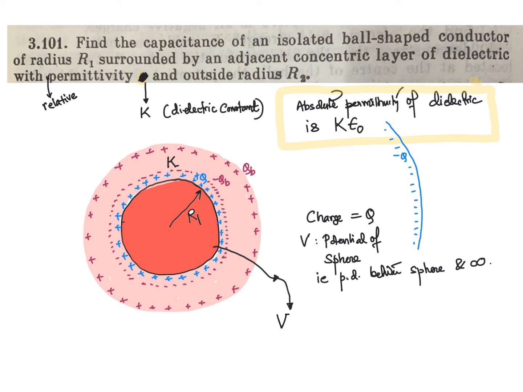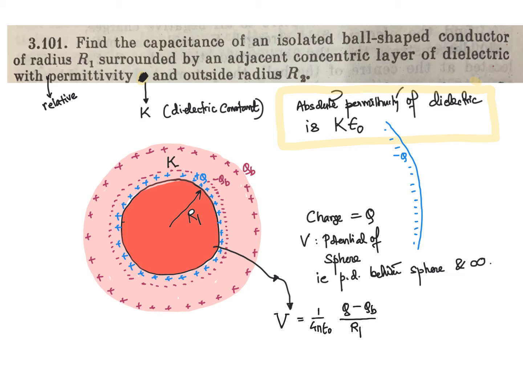In one way we can do it with integration, but here I am doing it by the formula of shells. So for the shell, 1 by 4 pi epsilon naught. The inner shell has how much charge? Q minus Qb by r1, right? Total charge Q minus Qb.